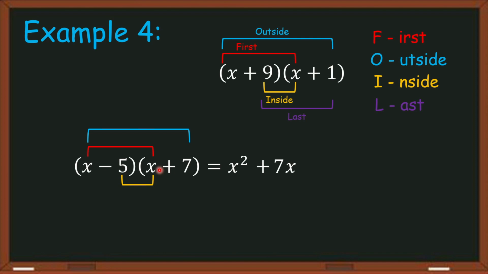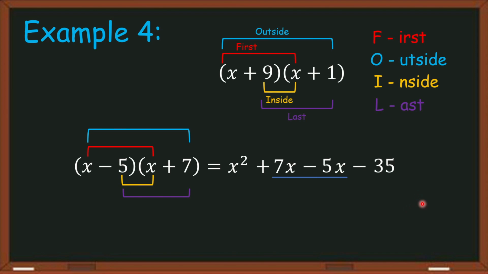So the answer is negative 5x. Lagay lang natin dito, negative 5x. And then, multiply natin yung huling dalawa. So we have negative 5 times positive 7. So the answer is negative 35. So lagay lang natin, negative 35. Nagmultiply kasi tayo ng isang negative at isang positive, magkaiba yung sign, kaya ang sagot natin ay naging negative.